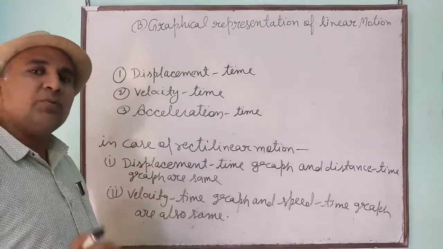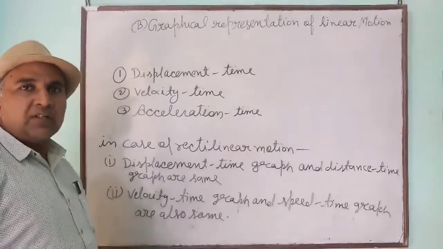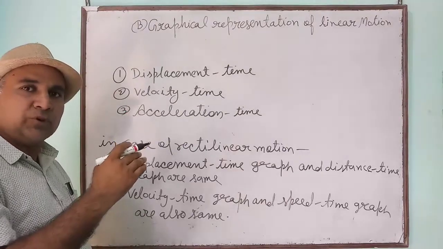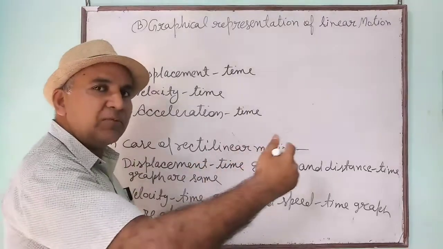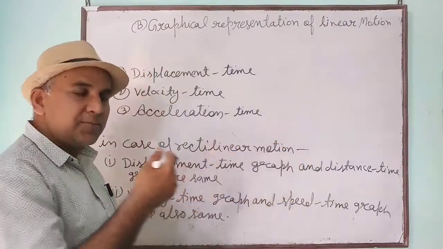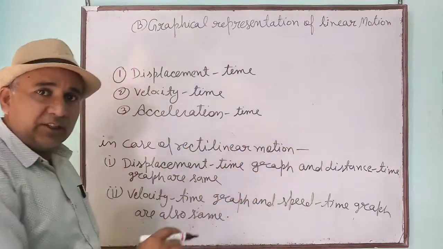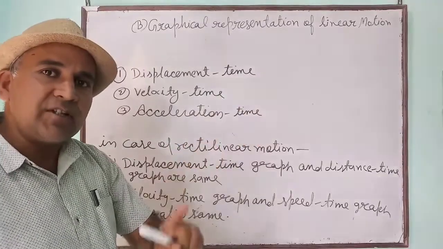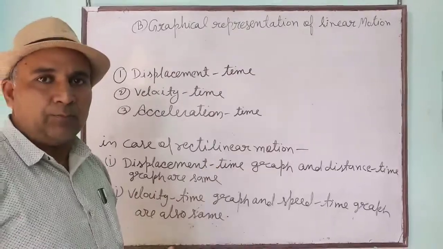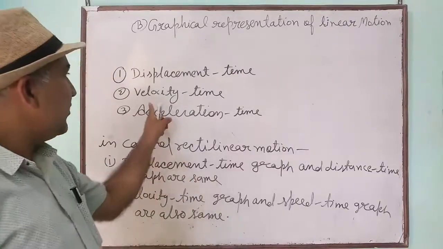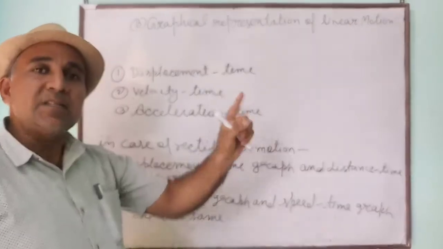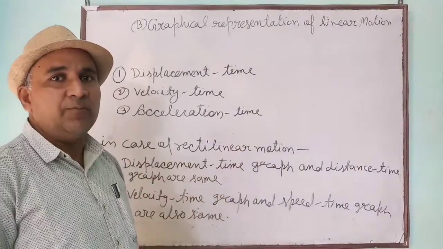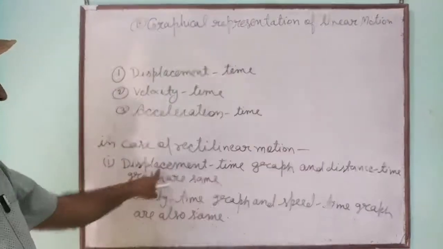Now here one noted point is there for you. Since in the case of linear motion, the direction of the motion does not change, the objects move in a straight line, therefore the displacement time graph and distance time graph both are same. Similarly, velocity time graph and speed time graph is also same. Understood? See, I have written here.